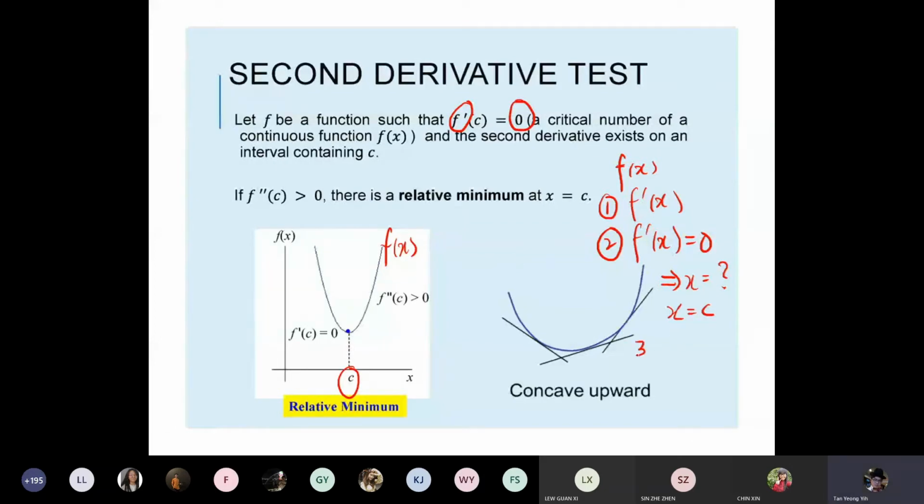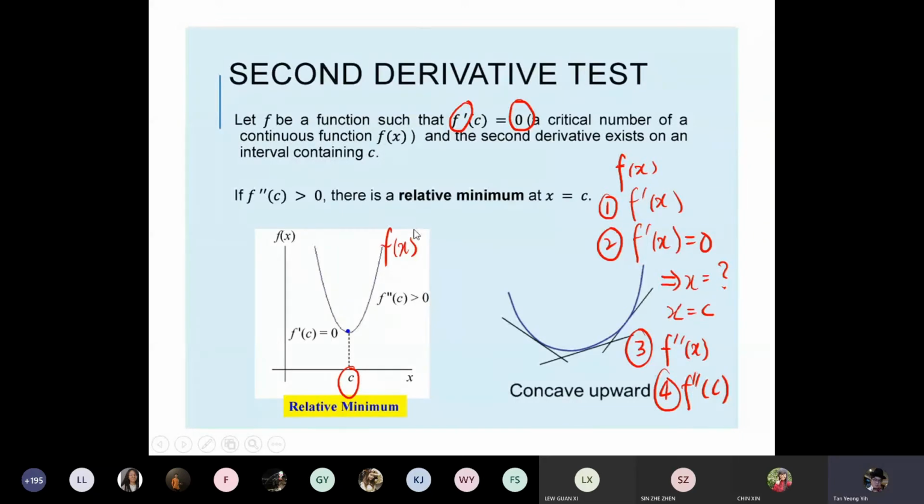So we are going to find the third step. In the third step, we find the second differentiation and we substitute the c into the function.